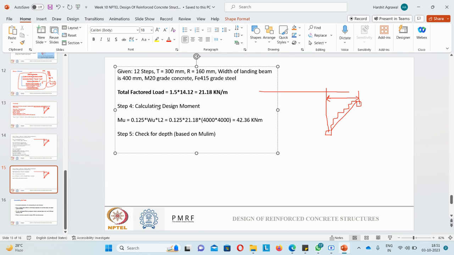For Fe415 steel, Mu limiting is nothing but 0.138 fck b d square. Suppose this is my Mu limiting, the Mu that I have calculated, what will be my d? This value is 42.36 kilonewton meter, so I can backtrack and calculate the small d.